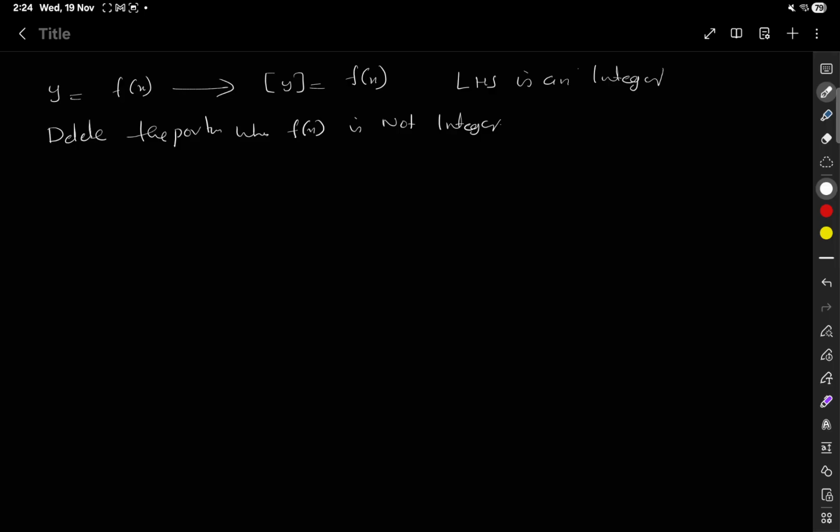Just like you mark integers on the y-axis, then project it, draw horizontal lines. Whenever f of x is an integer, that only you need to consider. Then you draw a line perpendicular to the x-axis. That's what we need to do. Okay.